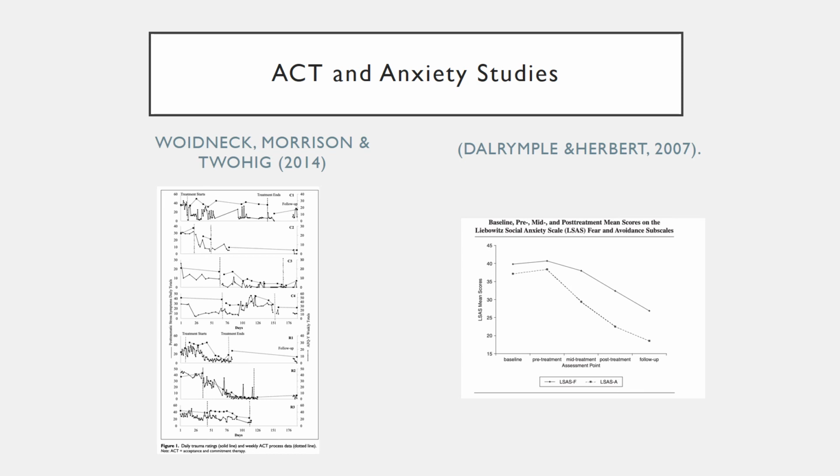At intake, they used survey data, self-reported questionnaires to serve as baseline, and then they implemented a 10-week ACT training once per week, and at the end of the treatment, they had post-treatment surveys and then follow-up surveys. The graph is of one of the surveys used, the Liebowitz Social Anxiety Scale, and it shows a decrease in symptoms from pre-treatment throughout follow-up.